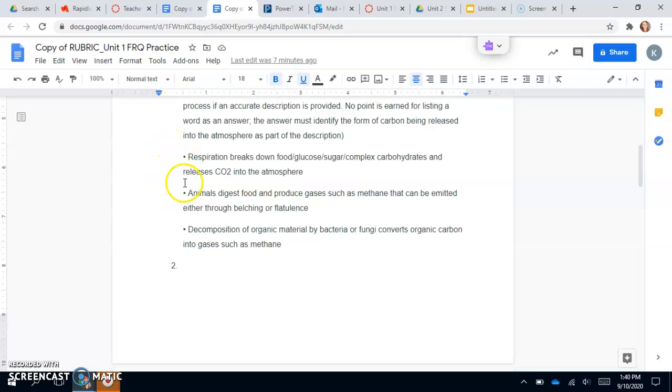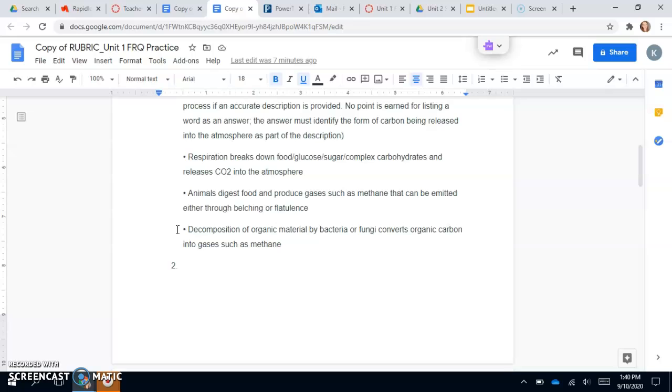Another possibility is animals digest food and produce gases such as methane that can be emitted either through belching or flatulence. This is not something that we have specifically gone over yet. We'll talk about this more when we talk about agriculture, but that is correct, so you can get 1 point for that. And then decomposition of organic material, where bacteria or fungi convert organic carbon into gases such as methane, is also acceptable.